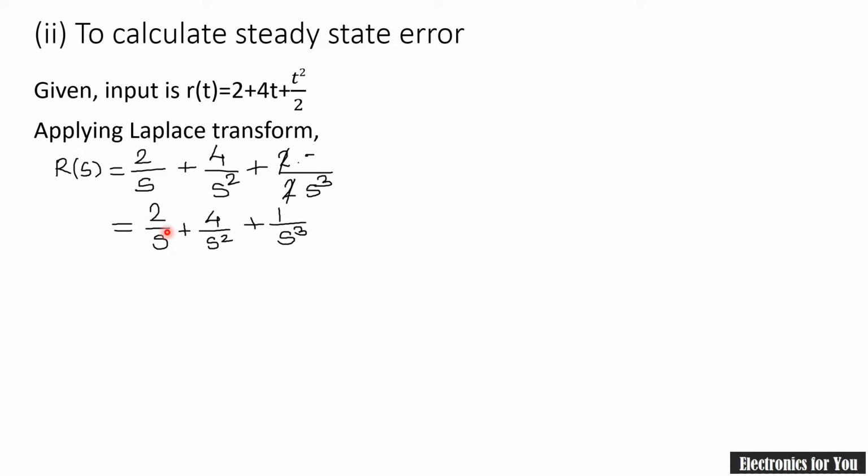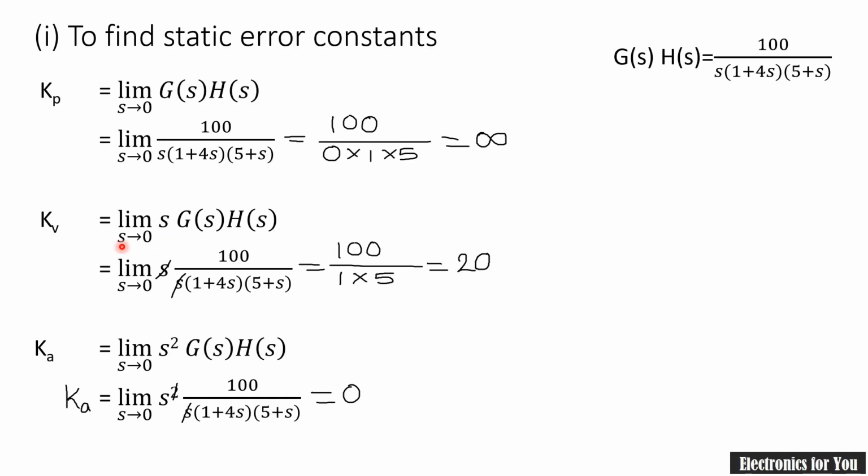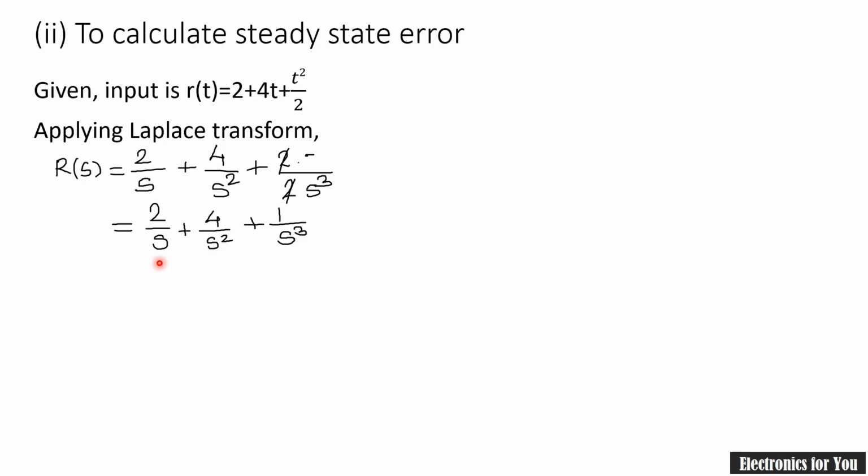A upon s is the equation for a step signal. A upon s square is the equation for a ramp signal, and A upon s cube is the equation for a parabolic signal. It means that the same input signal consists of all three of these standard test signals.